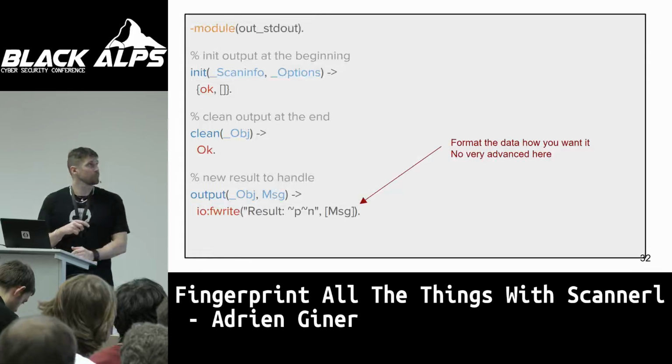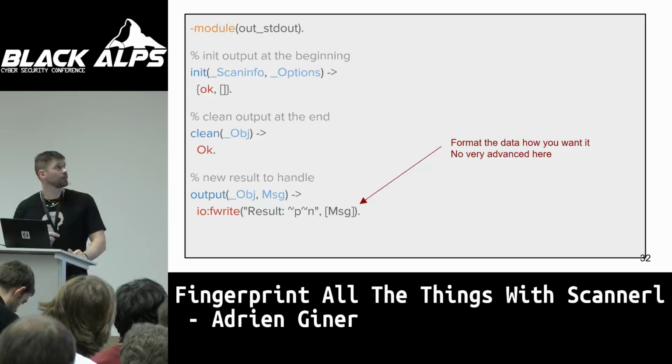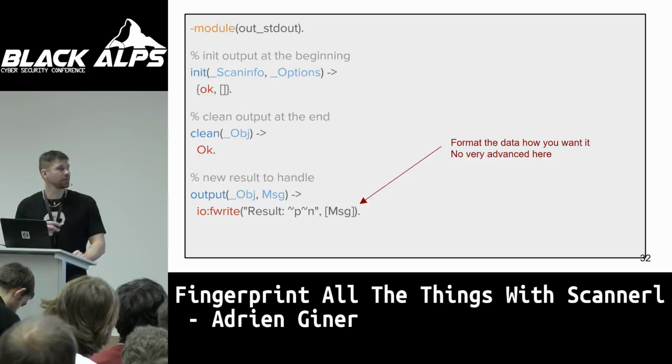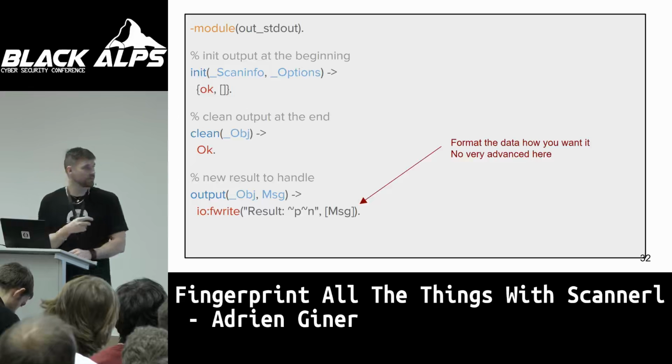This is how it looks like. So ini and clean, this is just an example. It's pretty straightforward. But the output here is where each result will go through before getting outputted.